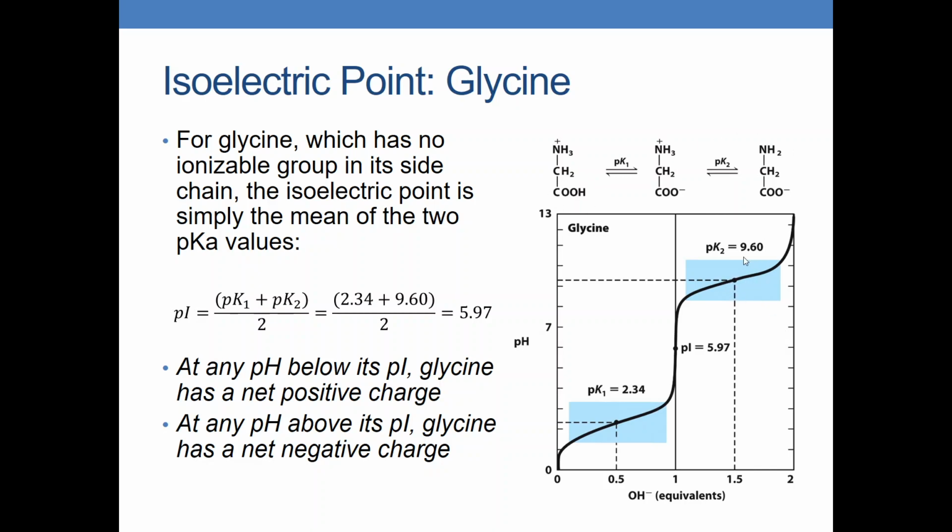Because this one, the second stage, occurs at a pH of 9.6, if I know anything about the pKa values of an alpha amino acid, I can reasonably predict that's probably my alpha amino group.